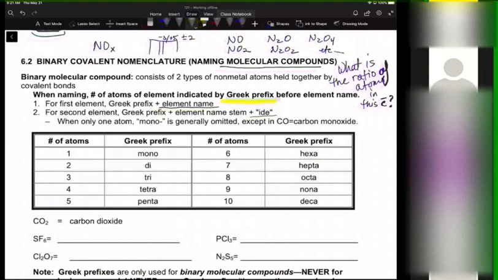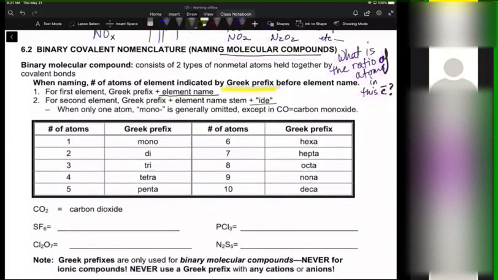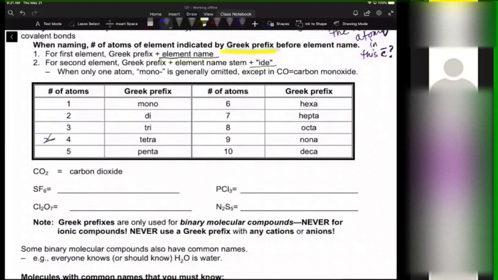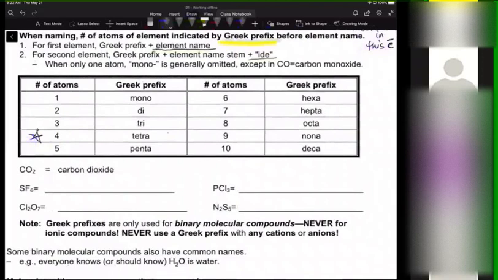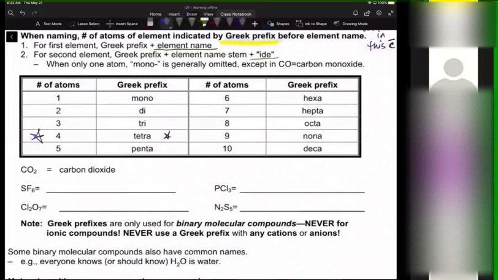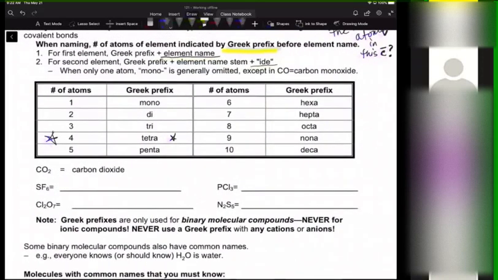Now 4 is one of the challenging ones. 4, people want to write quad, but that's not the right one. It's tetra, like a tetrahedron, like our tetrahedral shape. So that one tends to be a little bit tricky. It's just one that we don't use as much.